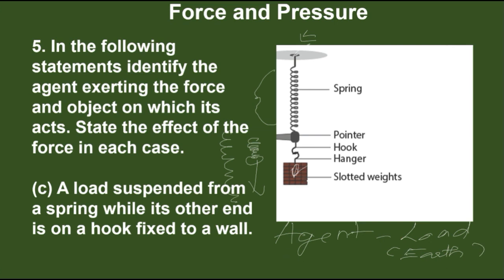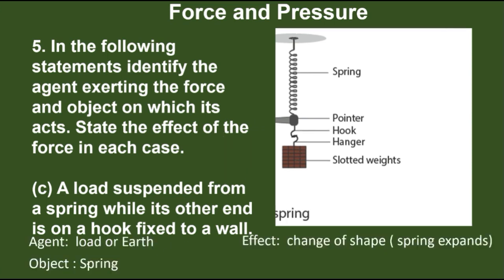But here you can write either earth or load. So load is applying a force on the spring, the object is spring, and what happens to the spring? Again change in shape. So agent is load or earth, object is spring, and effect is change in shape.